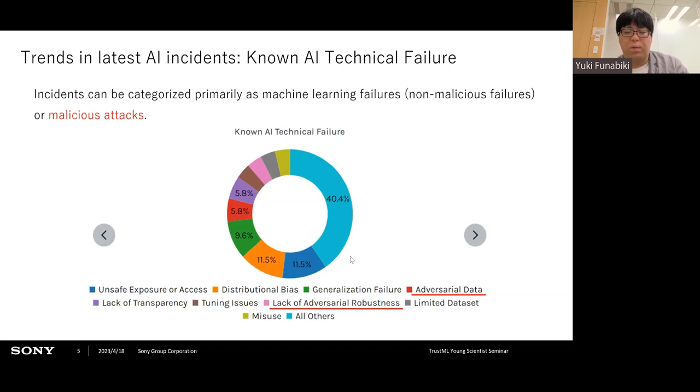The lack of adversarial robustness means there are AI-specific vulnerabilities and threats, and attackers use them so that the machine learning model is threatened by these attacks.